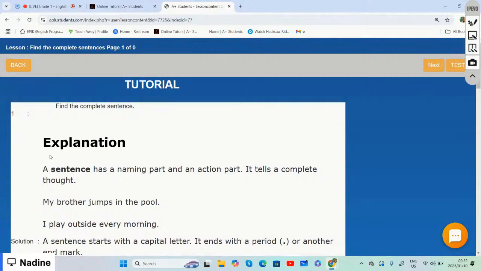We have a sentence. A sentence has a naming part, which is like a noun, and it has an action part, which is like a verb.